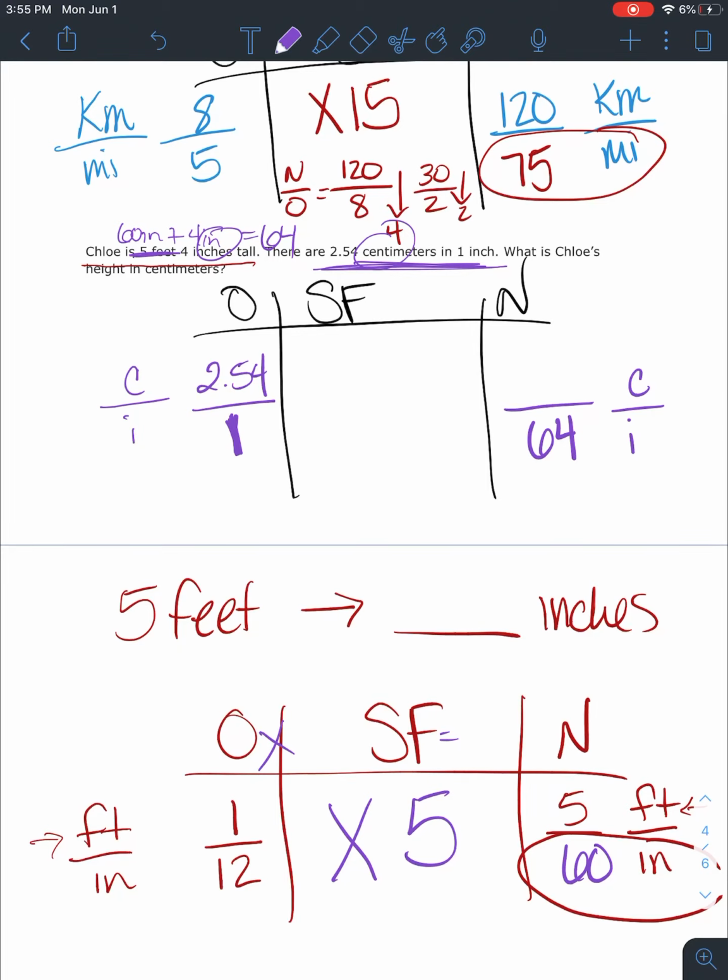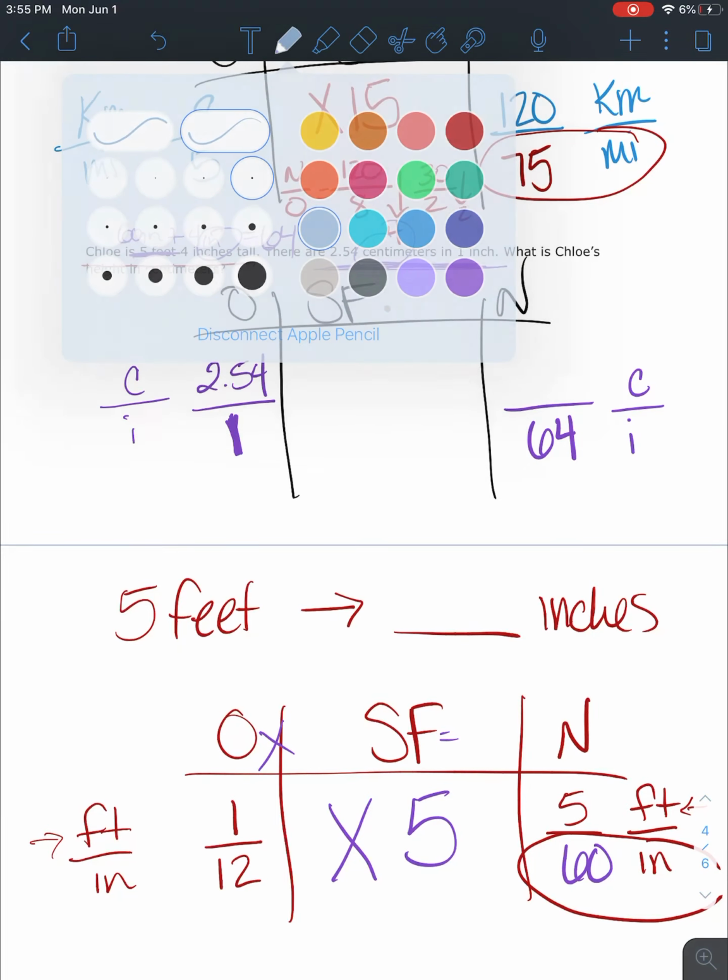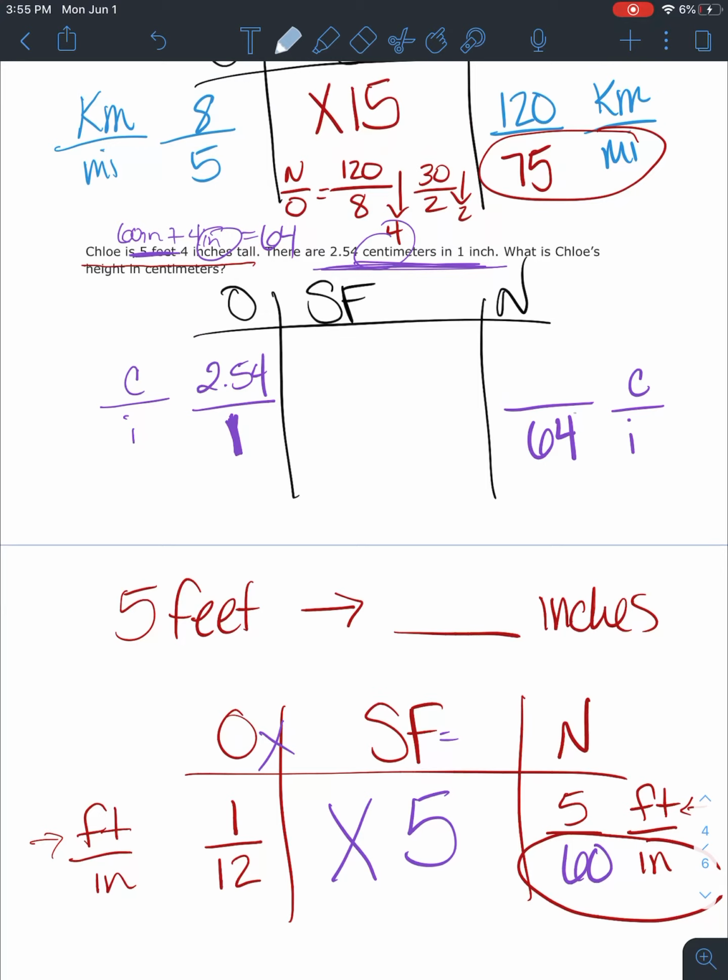All right, so again, same idea here. Okay, 1, because this is the one that I'm looking at. I don't have anything here to say 2.54 times what equals what. I have 2 unknowns, and so that is not going to help me. I just want 1 unknown, to find that one, and then I'm going to use that to solve for the x. Okay, and so this top row isn't going to help me much, but this bottom row, 1 times what equals 64? 64.